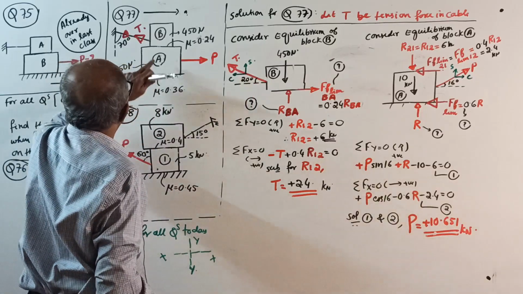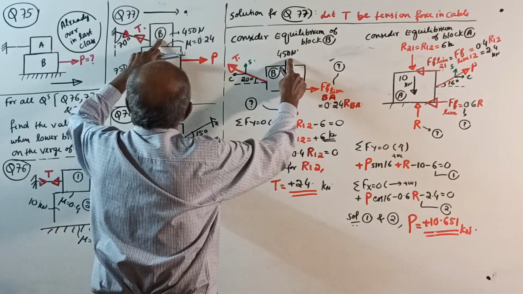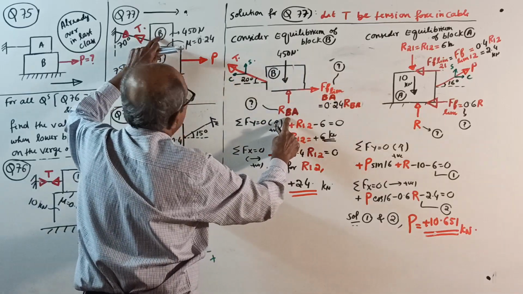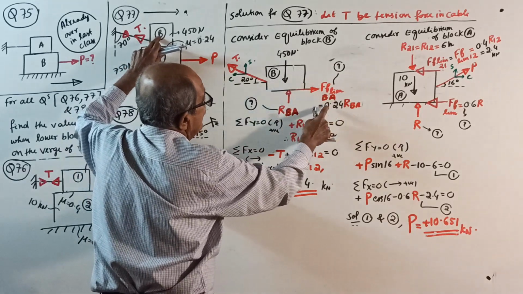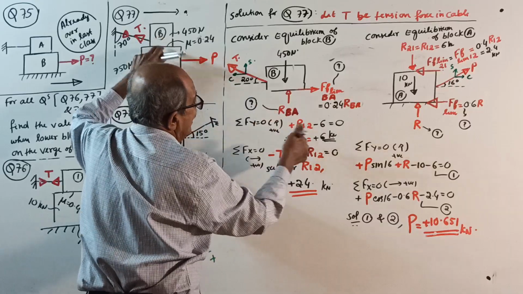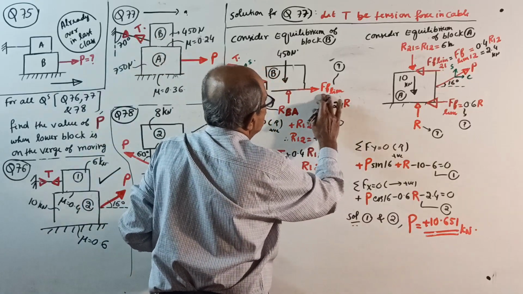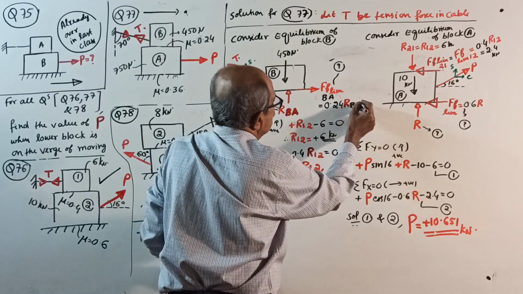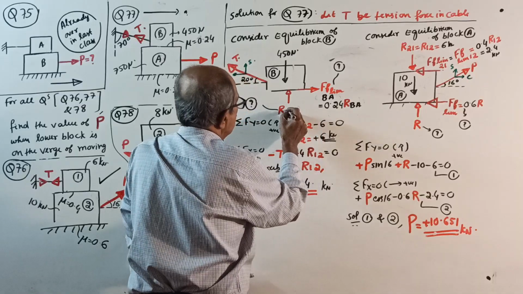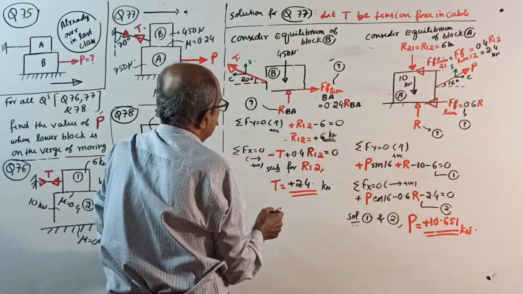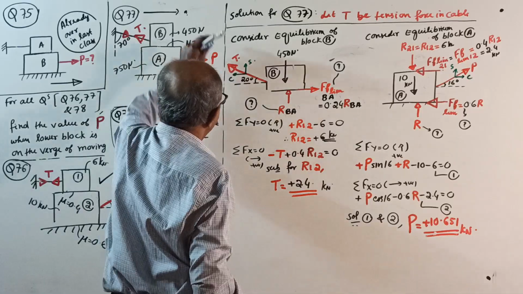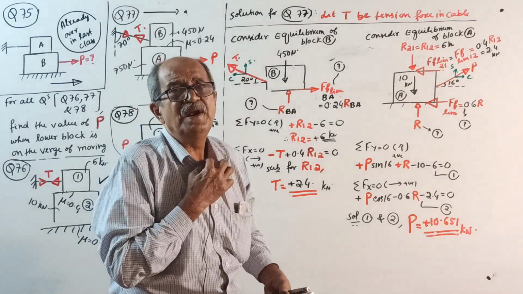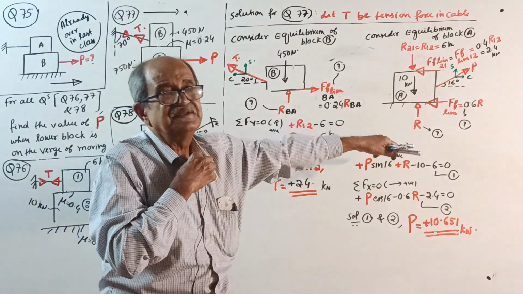Then correct: weight 450 on the upper block, RBA, the reaction for B from A, friction for B from A, 0.24 RBA. I use black color for this one because it looks more neat. Everything okay? Okay, now I will solve and start, with some corrections required. Why waste time?